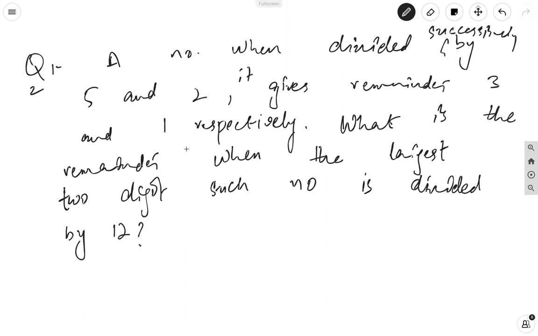Solve this question now. I repeat the question. A number when divided successively by 5 and 2 gives remainder 3 and 1 respectively. What is the remainder when the largest two-digit such number is divided by 12? Is the answer 6? Okay, so one answer is 6. Please mute yourself.